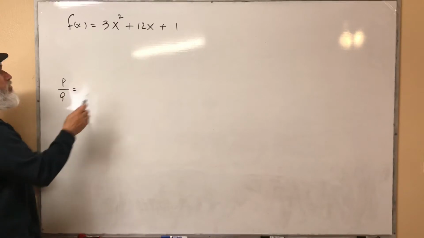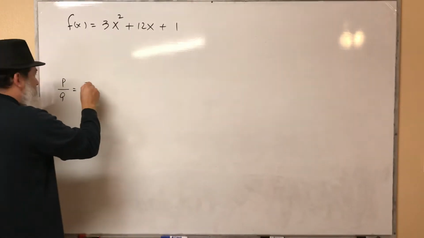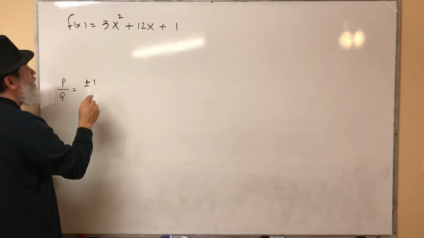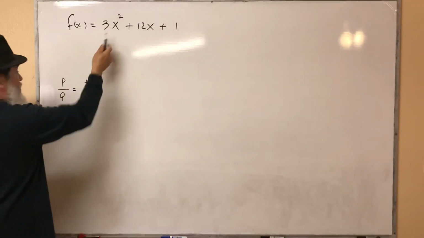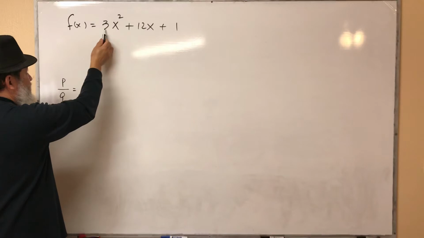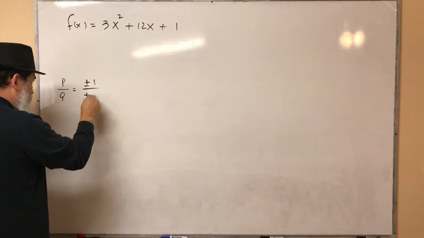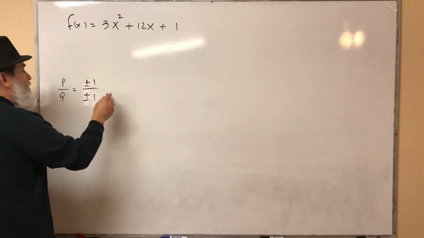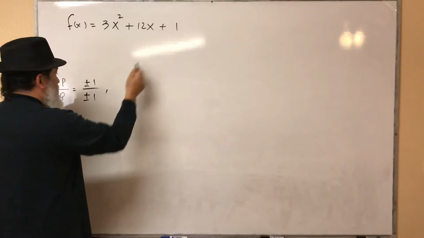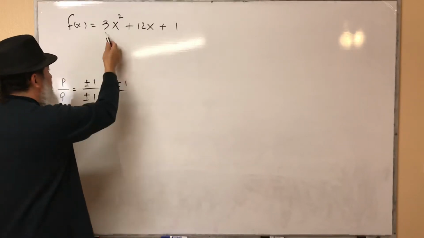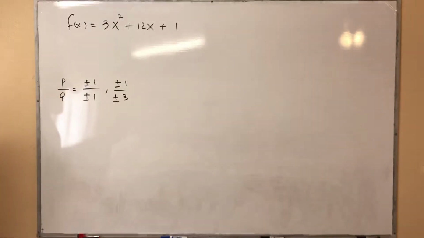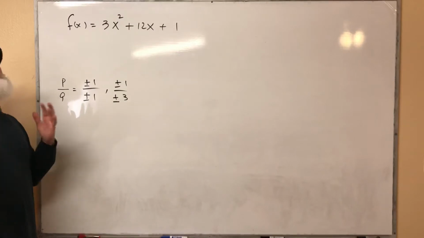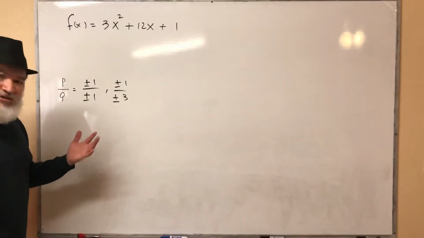This equals plus minus 1, and then factors of this are plus minus 1. And then plus minus 1 divided by plus minus 3. So these are the possible zeros, guys.